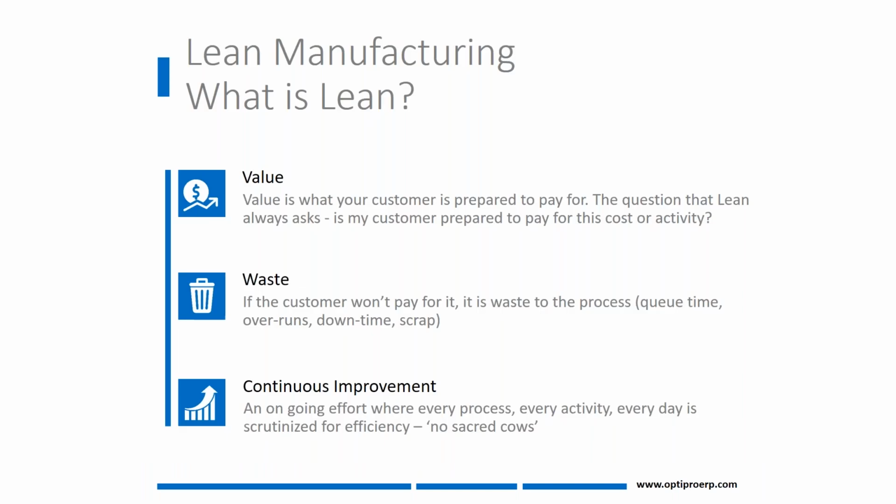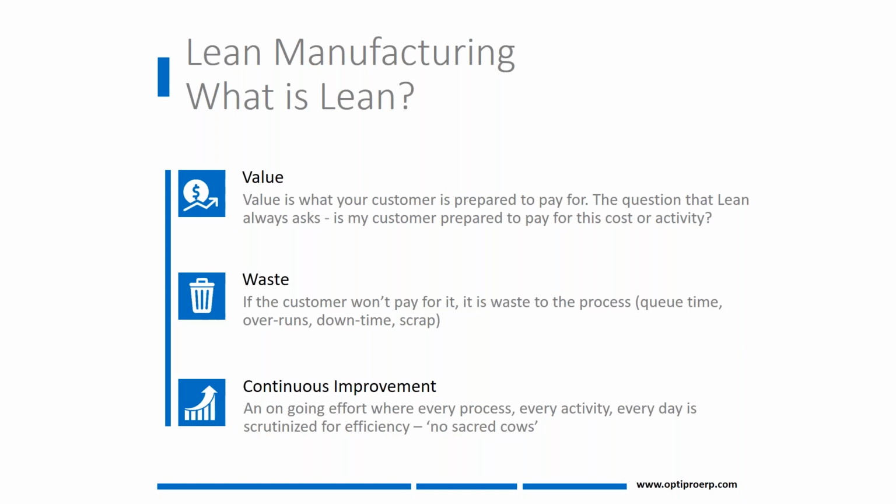So I guess off the top, the big question: what is lean? The concept has been around for a while, but I think a lot of people are still struggling to understand how to move from a traditional manufacturing environment into lean manufacturing. At the top, lean manufacturing focuses on a very core principle. It's called value.